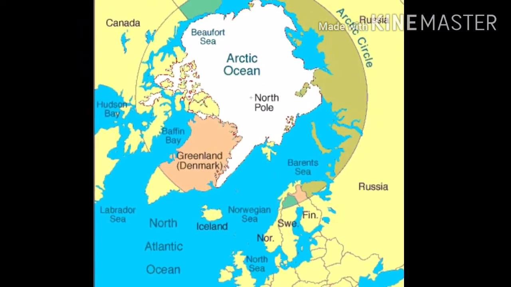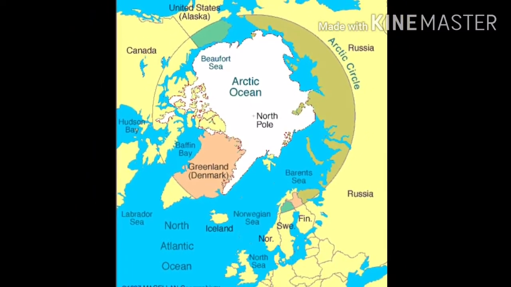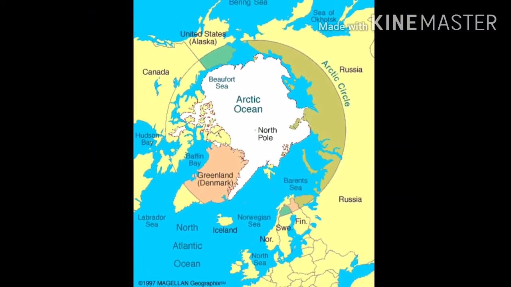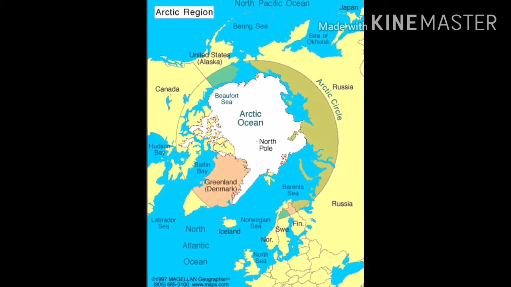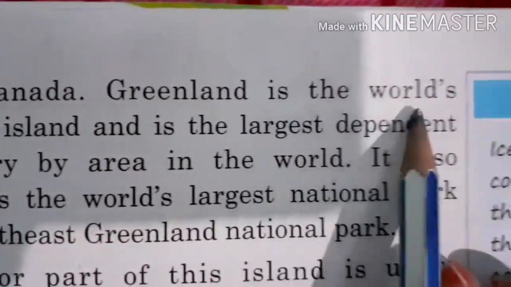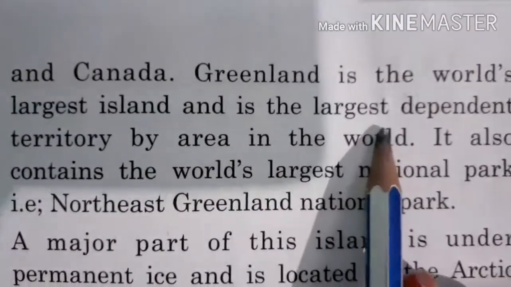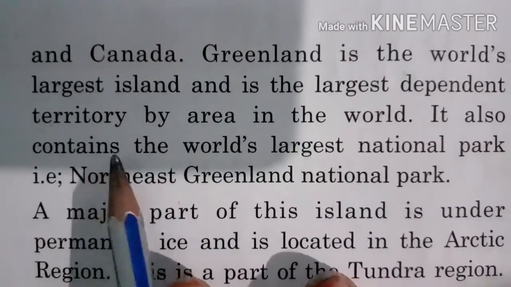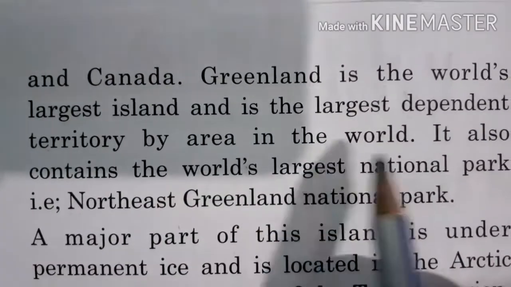The next picture on your screen is about the iceberg. Greenland is the world's largest island and is the largest dependent territory by area in the world.